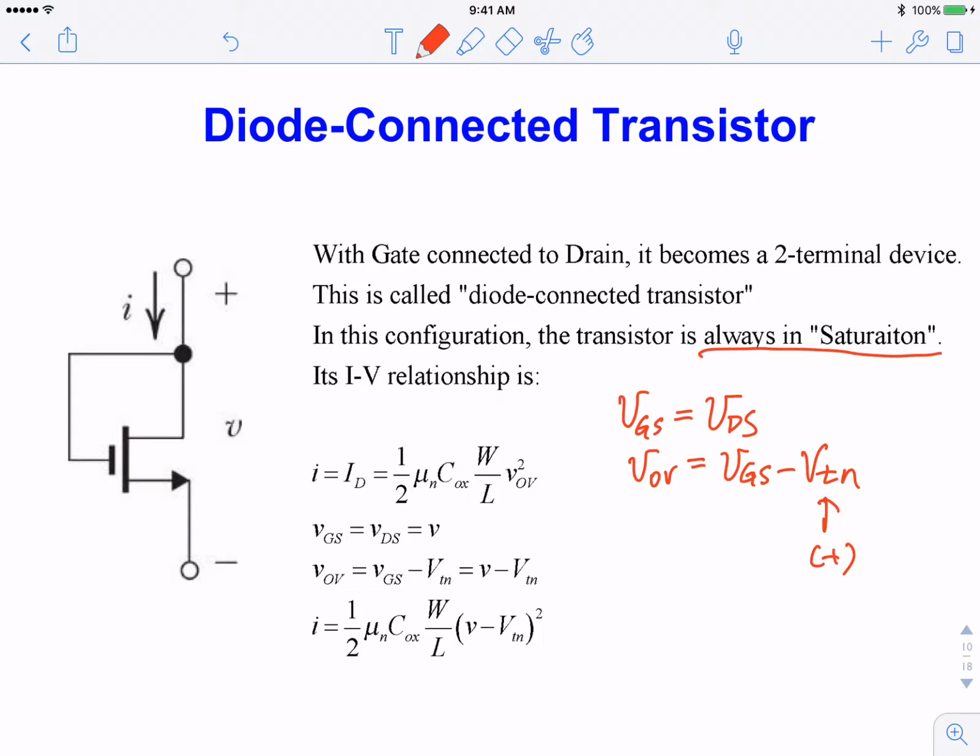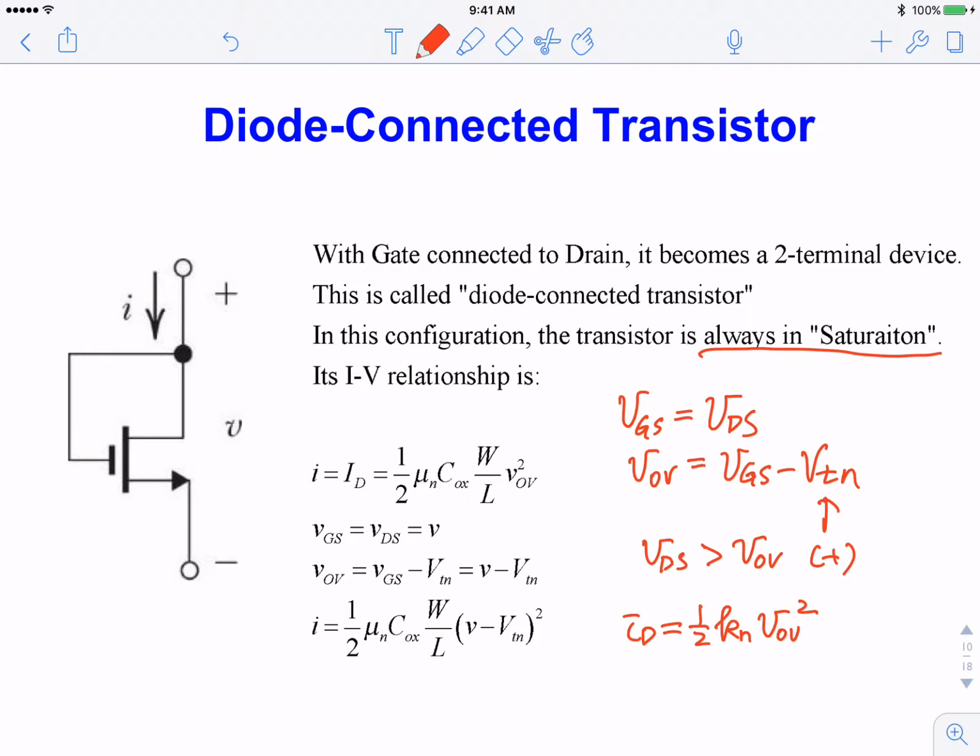As a result, VDS is always greater than V overdrive. So this transistor is always in saturation. And if it is in saturation, you can calculate the current easily. So this is 1/2 Kn V overdrive square.